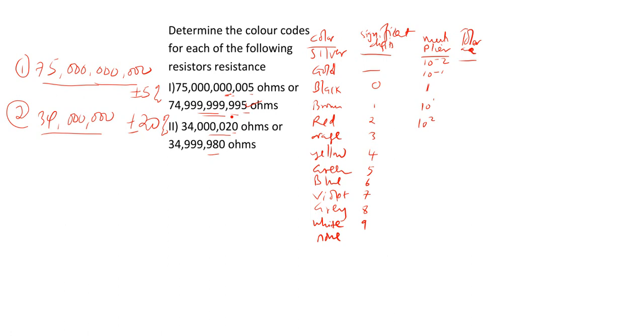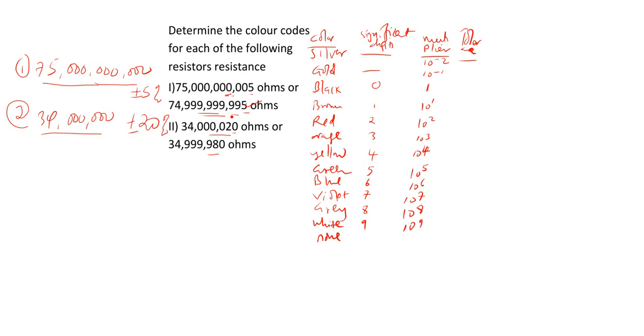The reason why we put 1 for black is because it is 10 power 0, and any number power 0 is 1. We go on from there, increasing the powers by 1 up to white, which is power 9. So this is power 3, power 4, power 5, power 6, power 7, power 8, and power 9 for white.